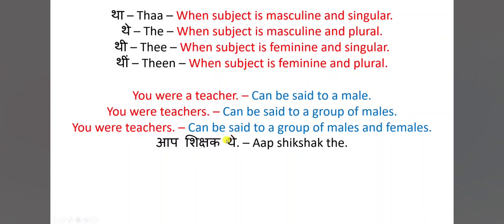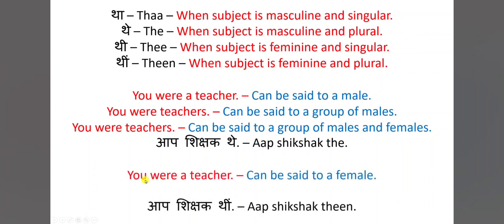Okay? So, one sentence has multiple applications. Next, if you want to say this to a female, then you can say आप शिक्षक थीं. आप is you, शिक्षक is teacher, थीं is were.